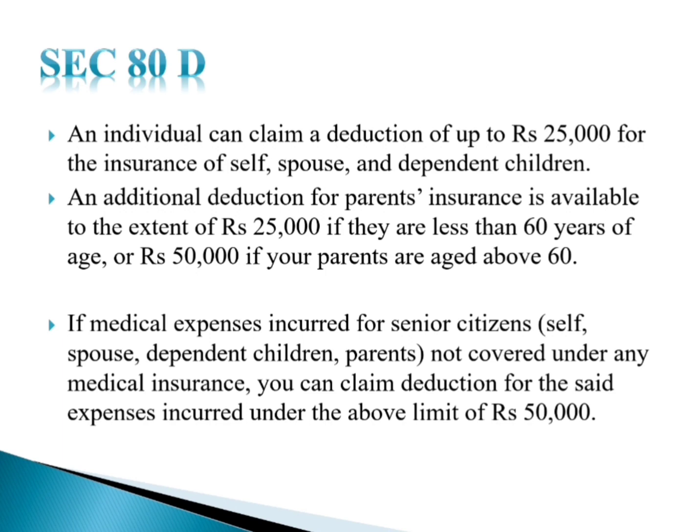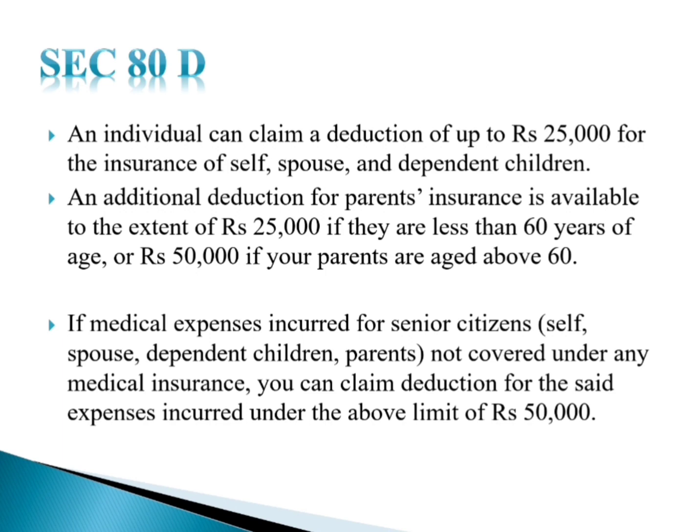Here the catch is that even if we have taken insurance, whatever is outpatient department, whichever hospital you go to, it is not covered under our health insurance. If we are spending some amount on those expenditures which are not covered under OPD or outpatient department, those can be claimed under 80D by submitting the relevant documents.